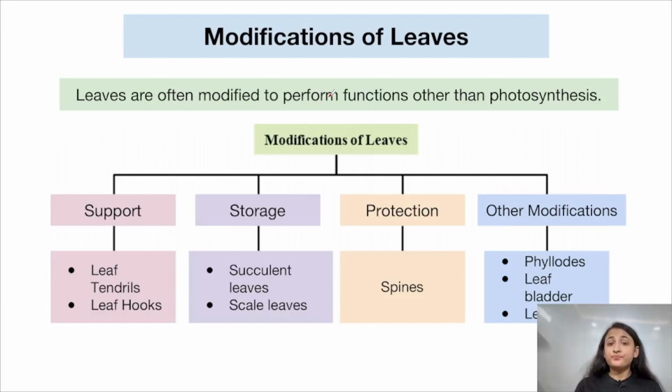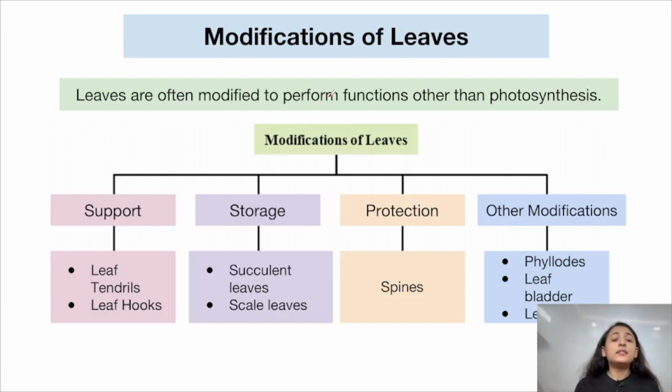For example, leaves perform photosynthesis. Roots are responsible for the absorption of water and minerals. Okay, stem is responsible for holding the plant. Okay, it acts as the backbone of the plant. But apart from these general functions, these parts of the plant modify to perform functions other than these general functions.